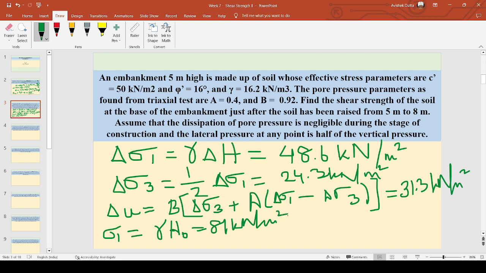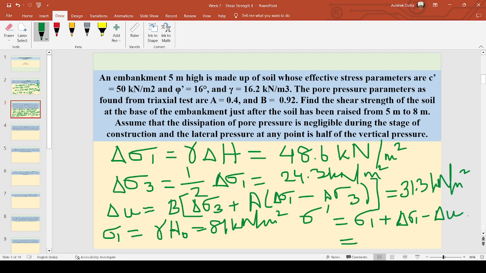Now we can find the effective stress. What is the effective stress? The pore pressure change that has been coming into consideration is subtracted. Initially it was sigma 1, plus the increment, minus the change in pore pressure.